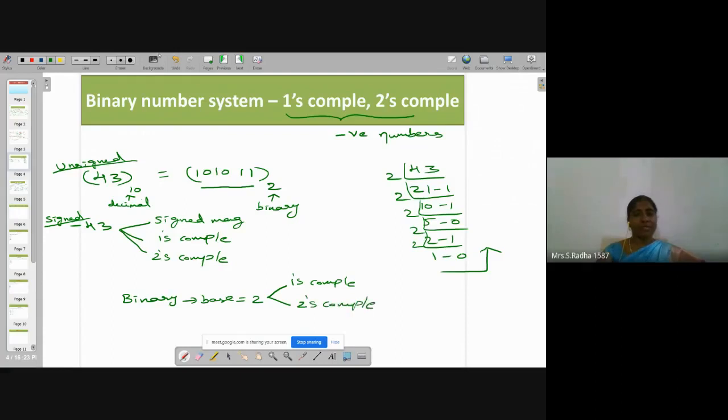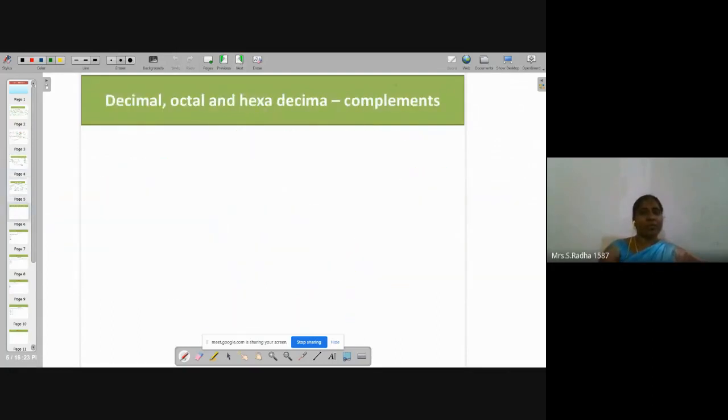Similarly, if you go with other number systems: decimal means base is 10, so for decimal numbers we can calculate 9's complement and 10's complement. Octal means base is 8, so for octal numbers we can calculate 7's complement and 8's complement.